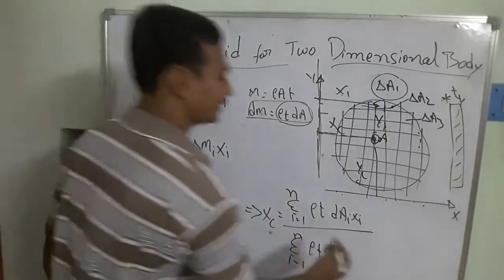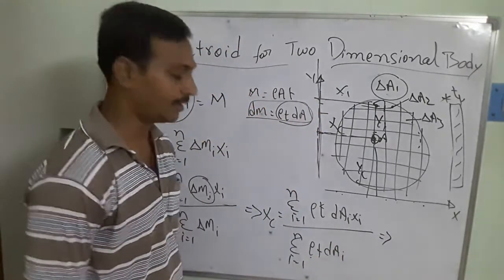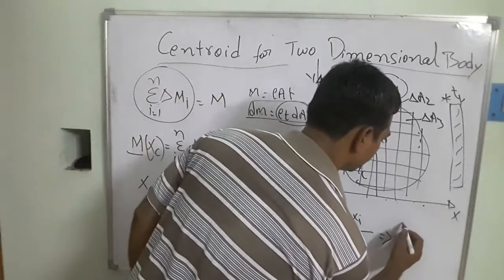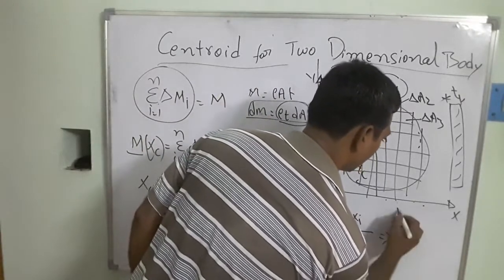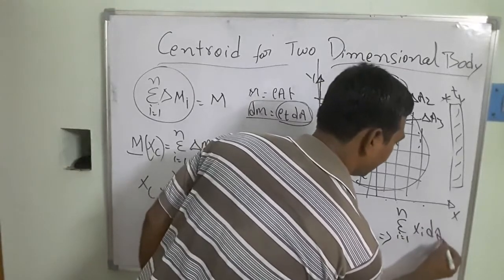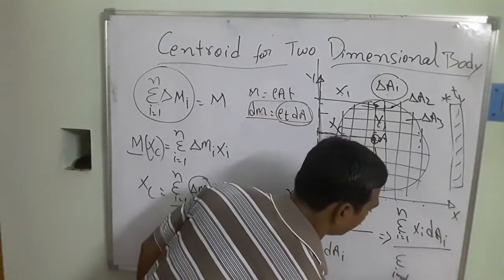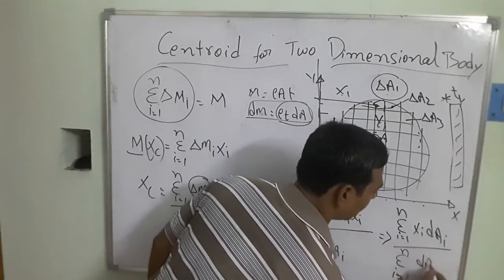Right? Further simplification: rho T is going to be cancelled here because they are constant. Then finally, sigma i is equal to 1, xi dAi, divided by sigma i is equal to 1, dAi.